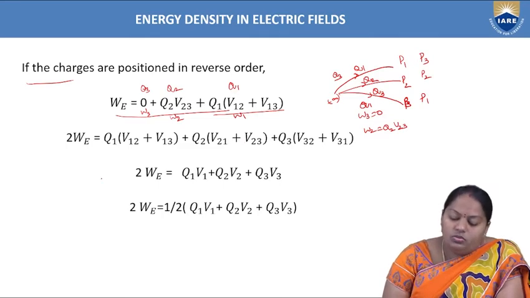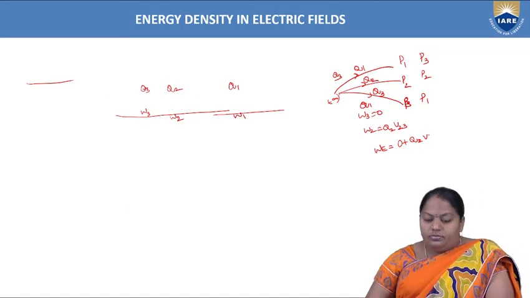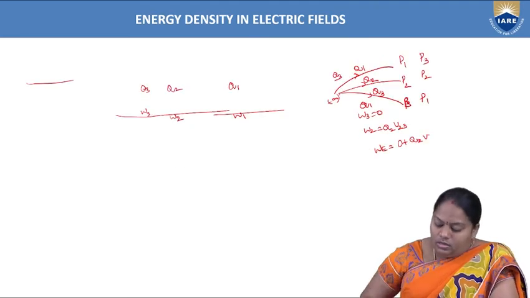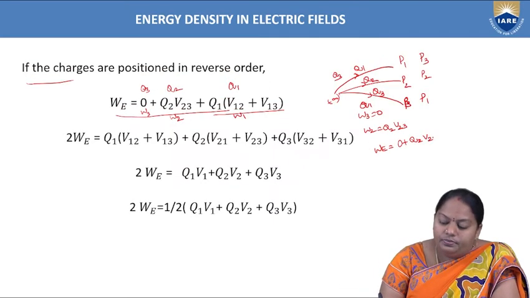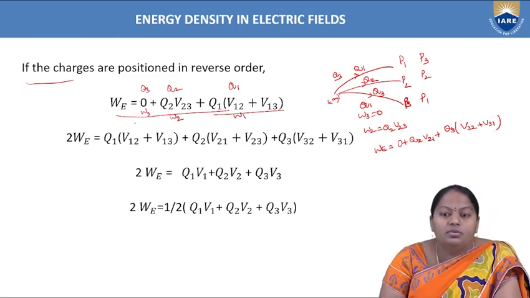Now, previously we had the equation WE equal to 0 plus Q2 into V21 plus Q3 into V32 plus V31. Now here WE equal to 0 plus Q2 V23 plus Q1 into V12 plus V13.